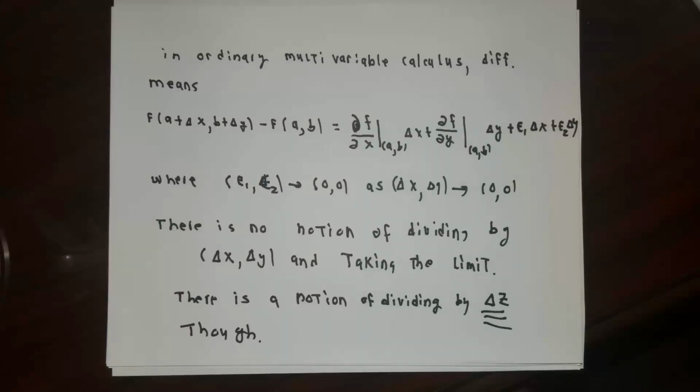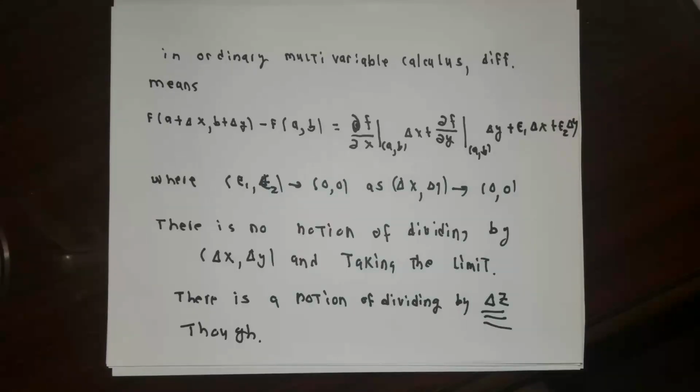There is no idea of taking the difference in function value, dividing by the change in position, and taking the limit. But when we're doing complex numbers, we do know how to divide by a complex value.